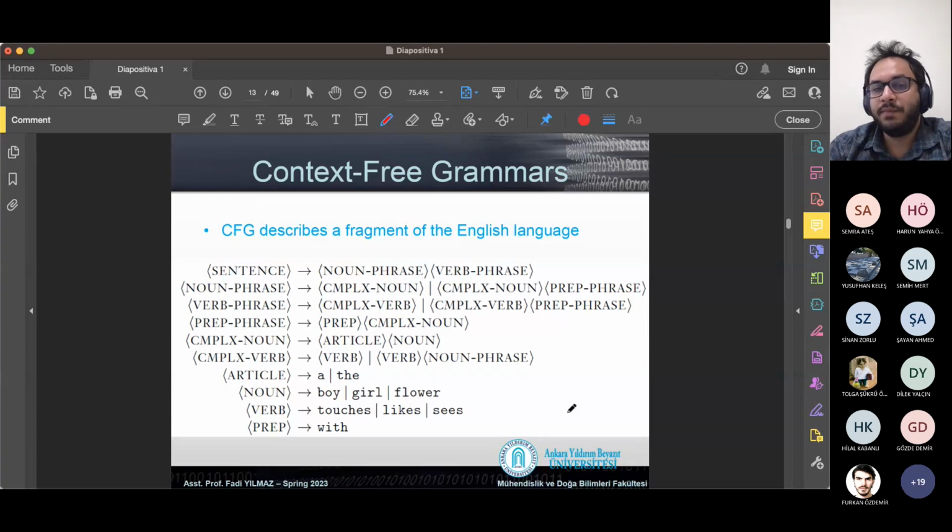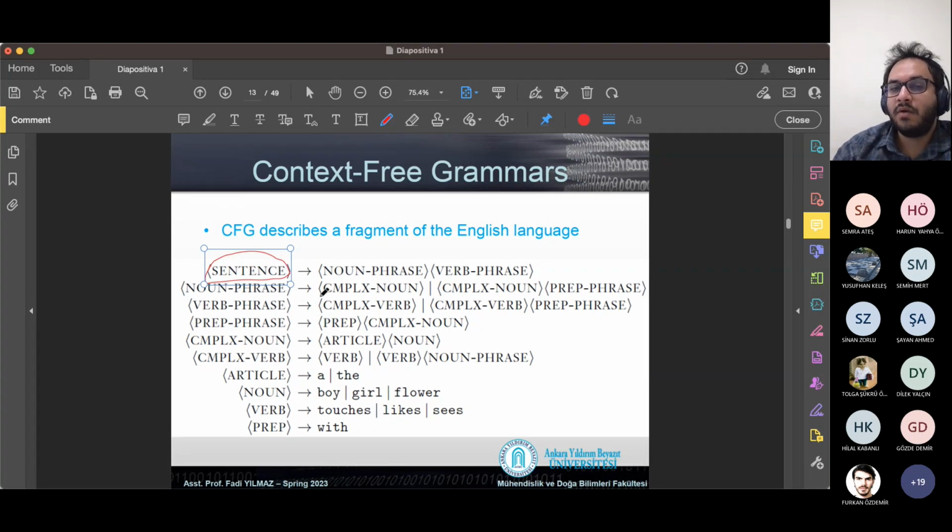Okay, guys. So this example is to describe a fragment of the English language. We just talk about sentences right now, and it starts with the sentence. A sentence comprises a noun phrase and a verb phrase.